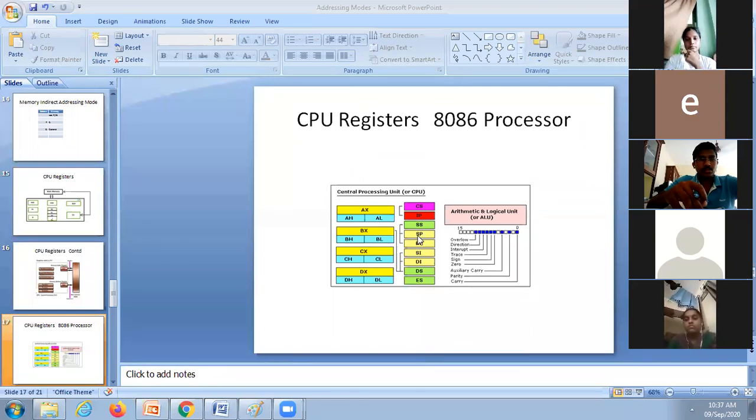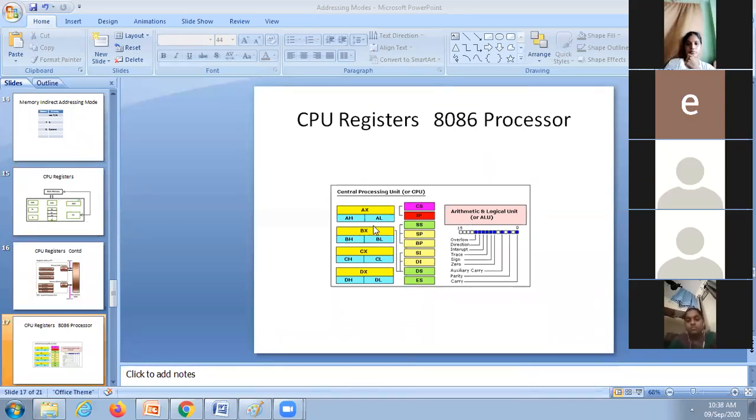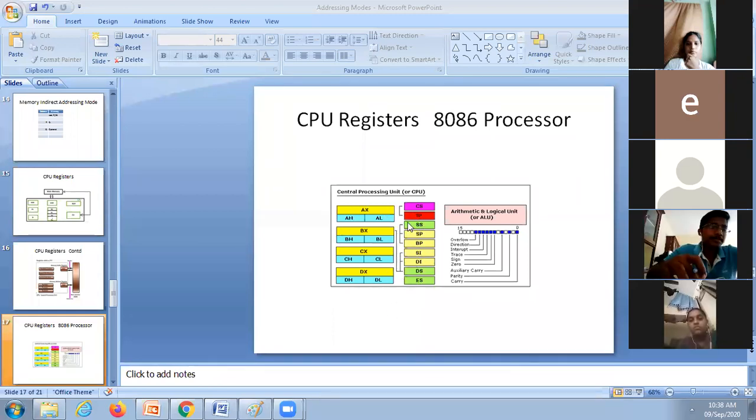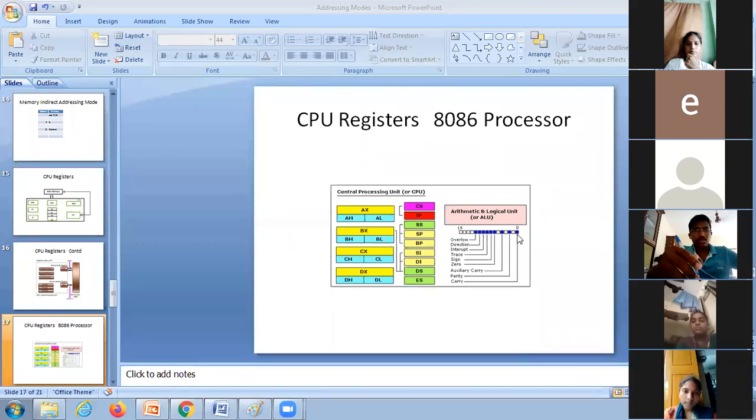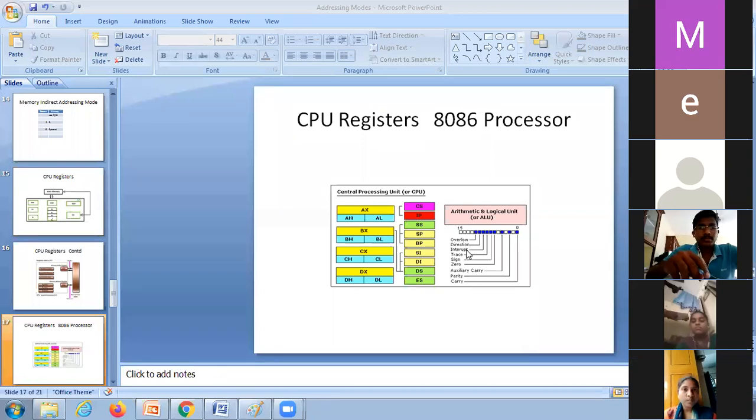Are you comfortable with all the register set now? Yes, sir. Okay. In addition to this, you see here there is a register with overflow, direction, interrupt, trace, sign, zero, auxiliary carry, parity, carry.